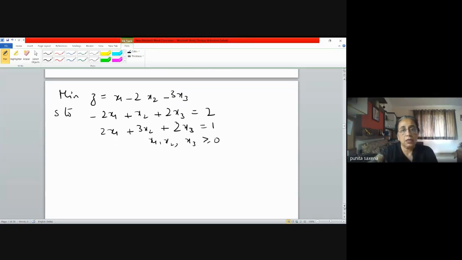Now both the constraints are equality type, so we don't need any slack or surplus variable. We just need artificial variables to begin with.